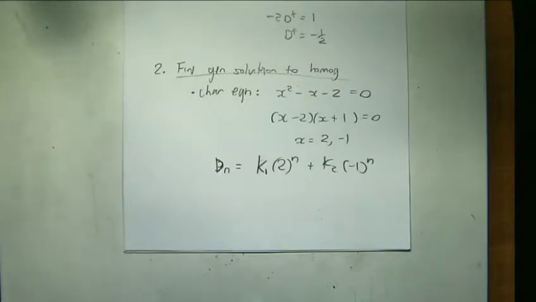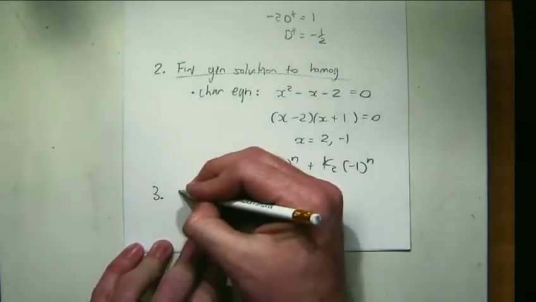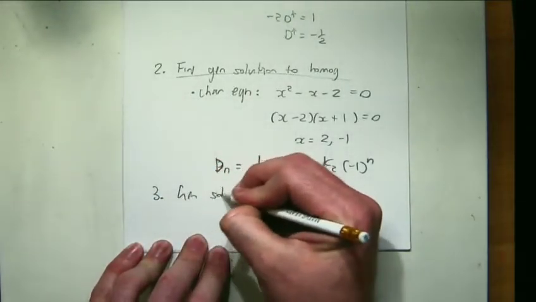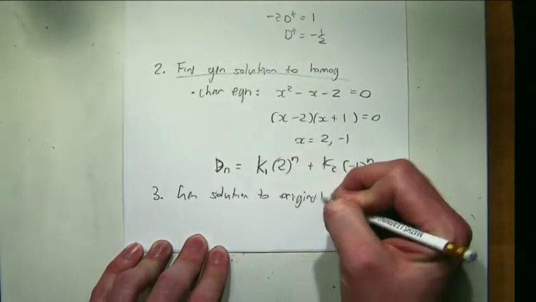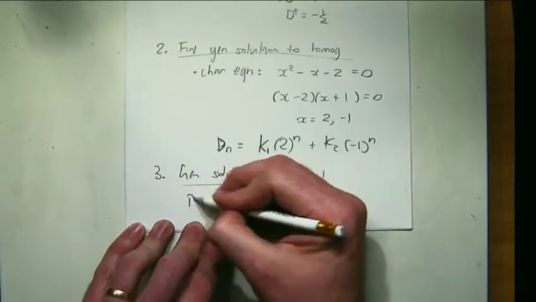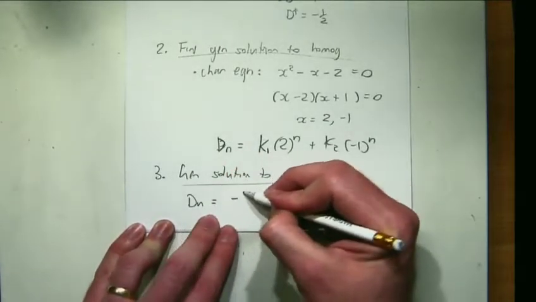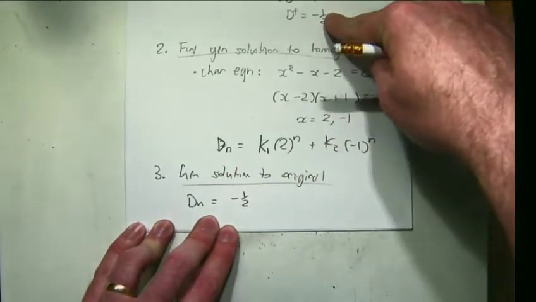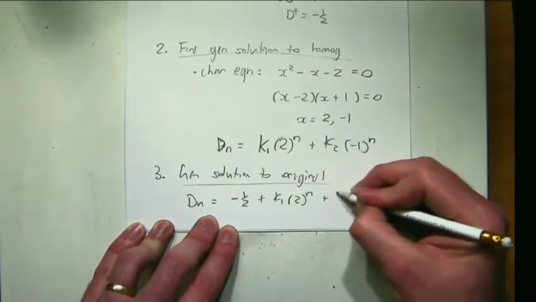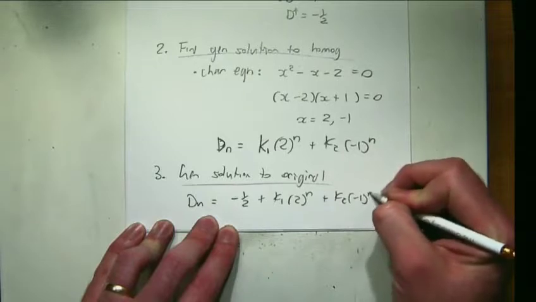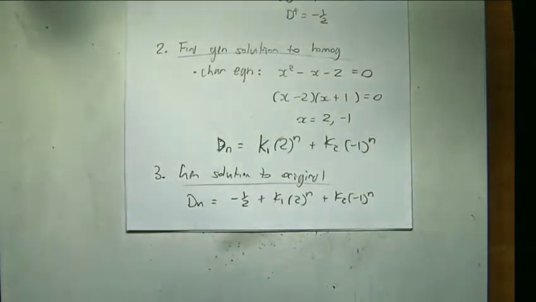All right, so now we have these two of them. So we've got our general solution to the original would be dn equals my particular solution plus my general solution to the homogeneous. And that's great.